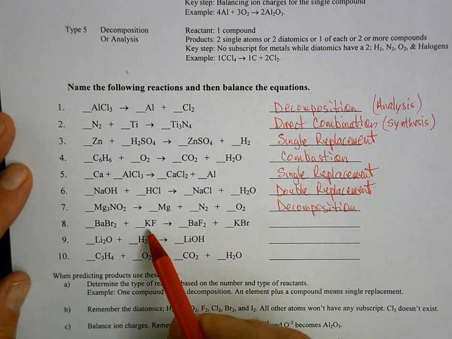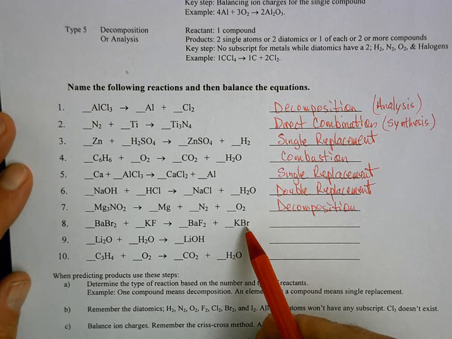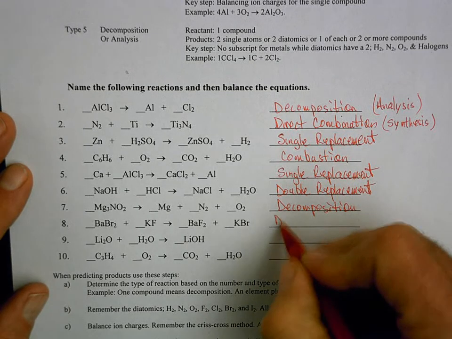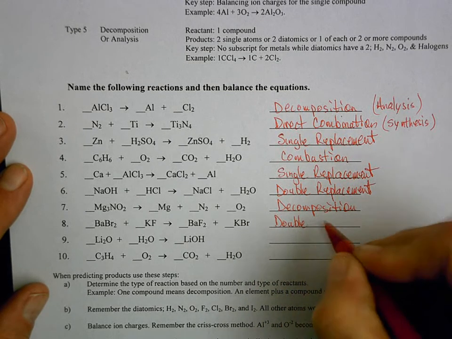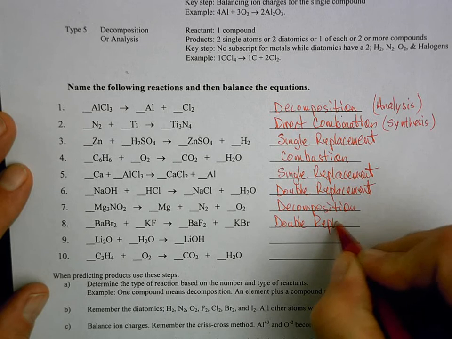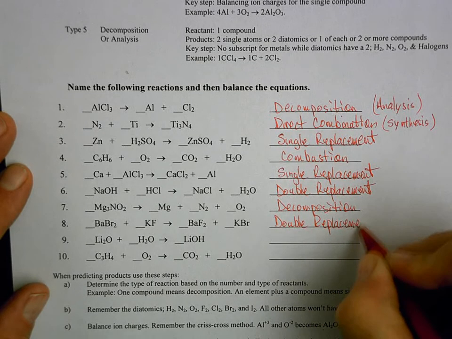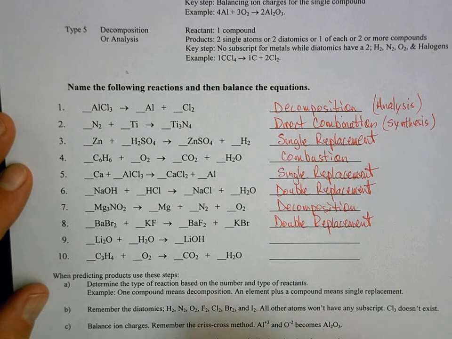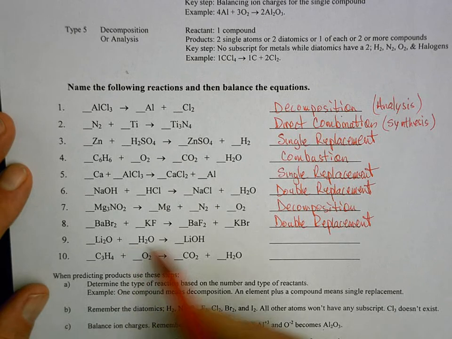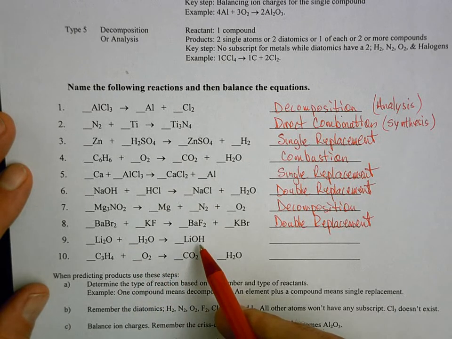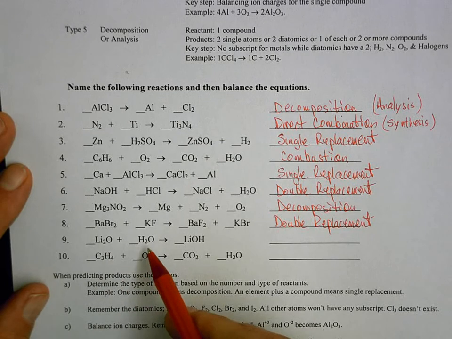Compound, compound, compound, compound. 2 compounds to 2 compounds. Double replacement. Compound and compound combined into another compound. Okay, even though these are compounds and not individual elements, I'm still combining things.